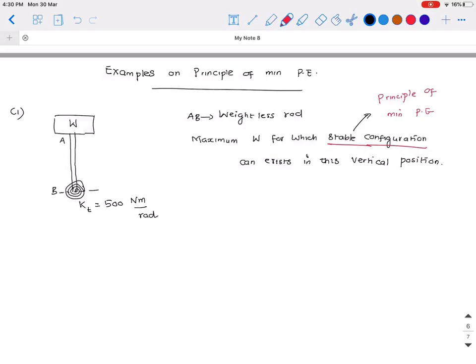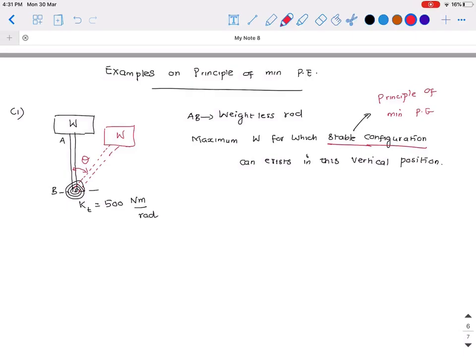So let us assume a deformed configuration of this problem. Let us give a small displacement theta, and the deformed configuration is shown in red.